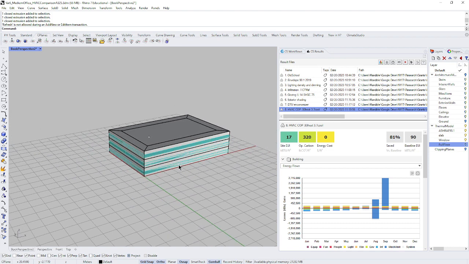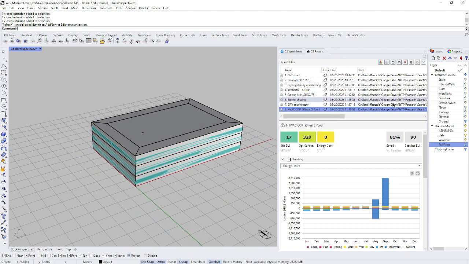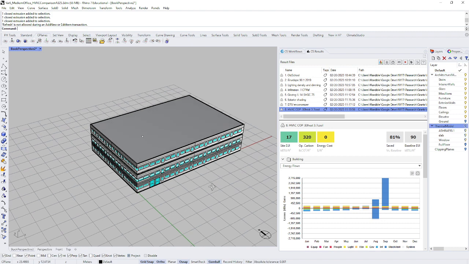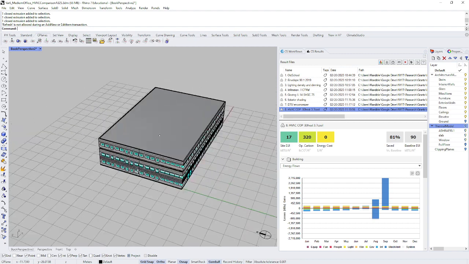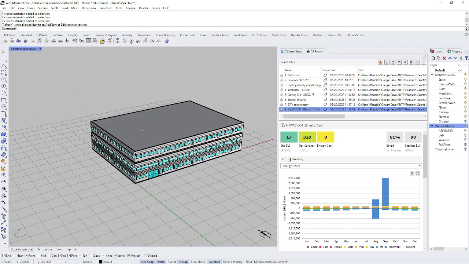Okay, so let's start filling in this calculator. For this building, I'm going to go back to the architectural model. This building is 150 feet on the long side and 100 feet on the shorter side. The long side is east and west, but the face of this is north and the face of this is south. And it's about 36 feet tall.